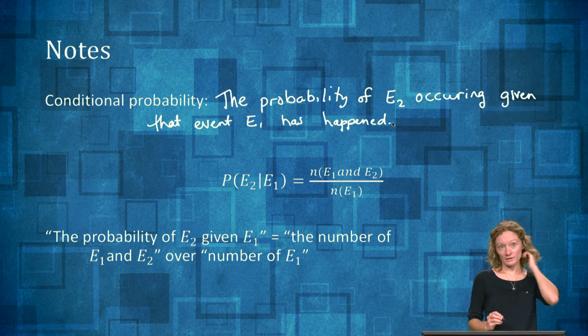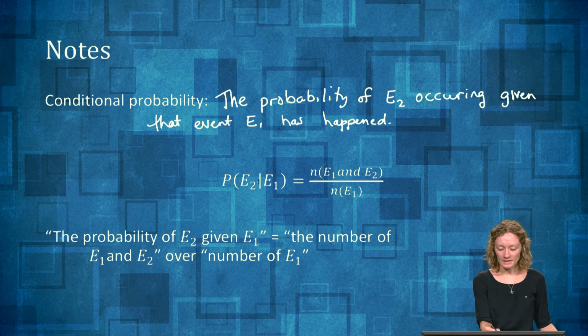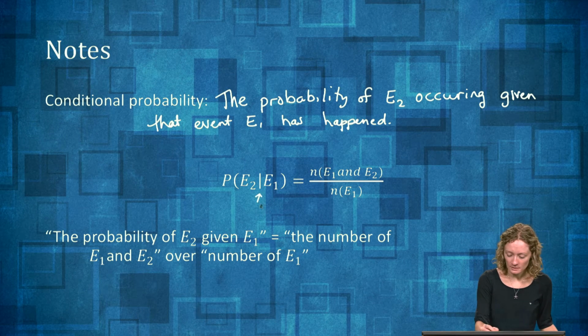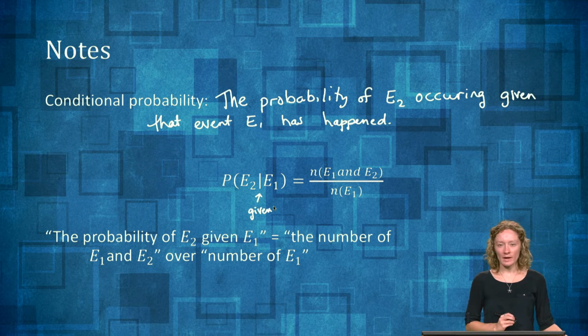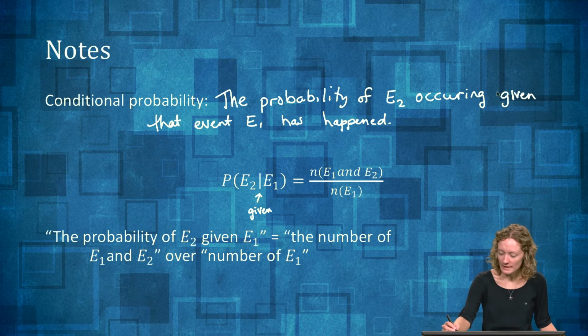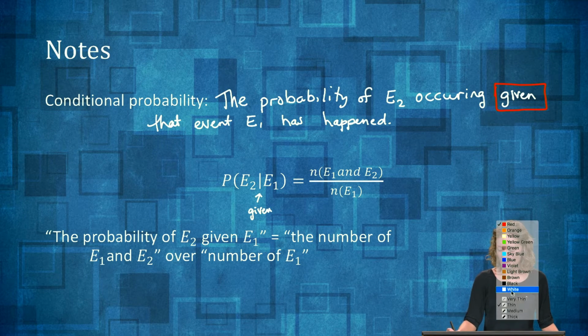And that's exactly what the formula says. E2, this line means given, E1. You'll see it that way in an online system, and if you were looking across the discipline, you would see it written that way. It's not typically the way that I'm going to write it down, but just so you know, that's what it would look like. The key word in all of this is given.